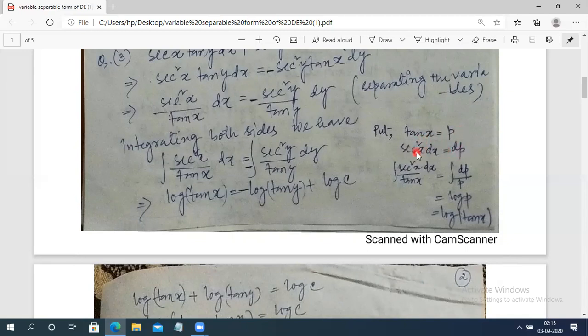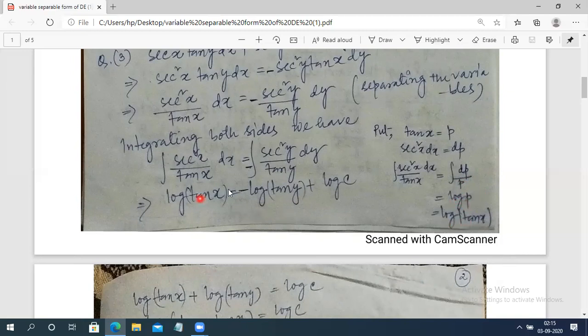That means you can write sec square x dx is equal to dp. So in sec square x dx you can write dp, and tan x can be written as p. When we integrate dp by p, it will give log of p by the formula of integration. Log of p means log of tan x.